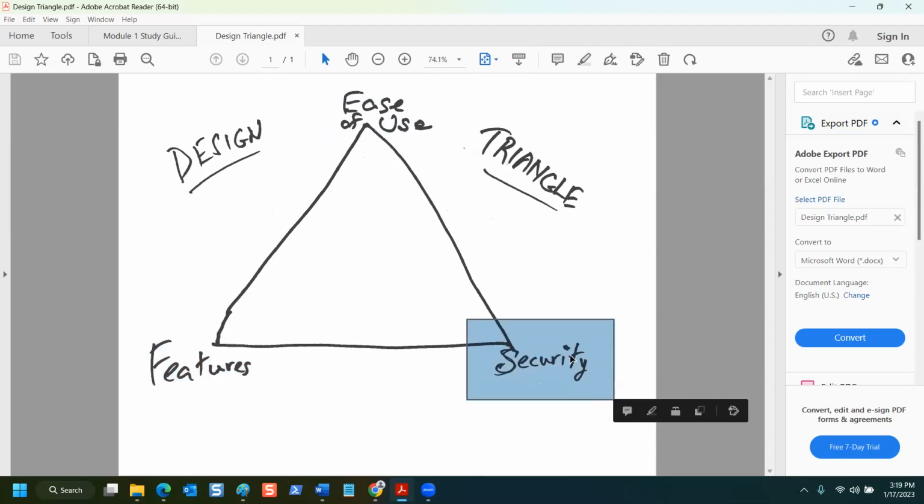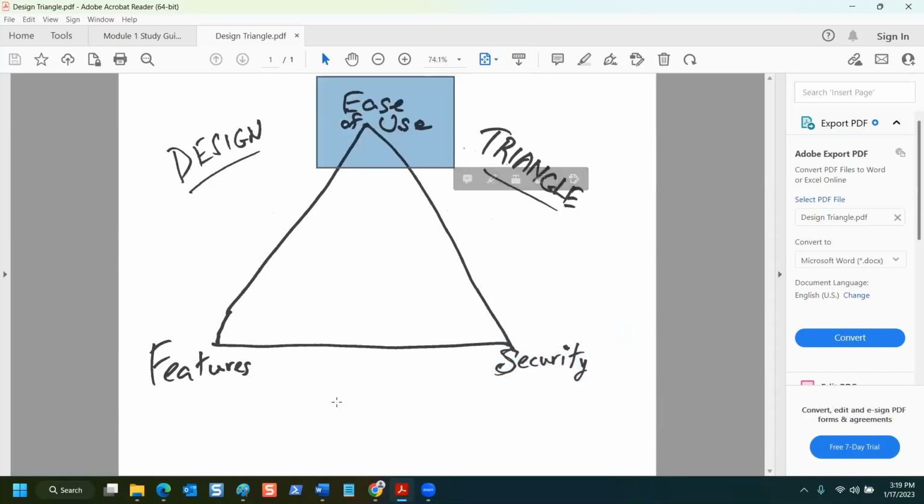Because if you're going to make something that's really secure, it's not going to be really easy to use and access. I mean, can you get a working screen? You have to go through 3 different authentication and login requirements. That's not easy to use for a lot of users, but it's secure.